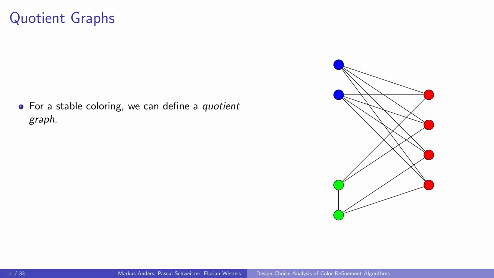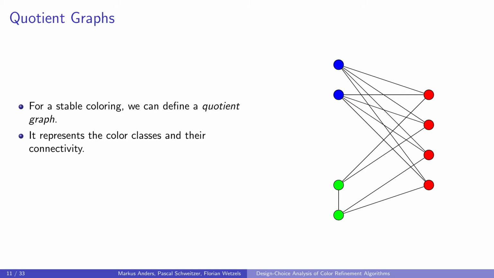Before we start with the online model, we need one last preliminary ingredient, the quotient graphs. We can define them for a stable coloring, so the output of a color refinement algorithm. In a stable coloring, all color classes have regular connectivity. This means, for example, in the graph on the right, all vertices in the green class have the same amount of red neighbors and vice versa.